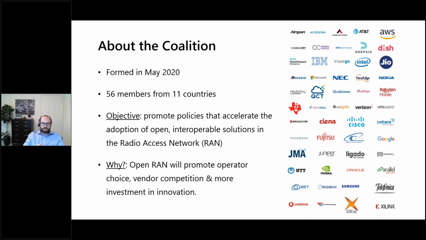And that group spans operators, it spans vendors, both those that have been in the market for decades and those who are much newer to the game. And our objective as a group is to promote policies that accelerate the adoption of open interoperable solutions in the RAN. Ultimately, this is where the market is headed, but it is a question of how quickly we're headed down that pathway.